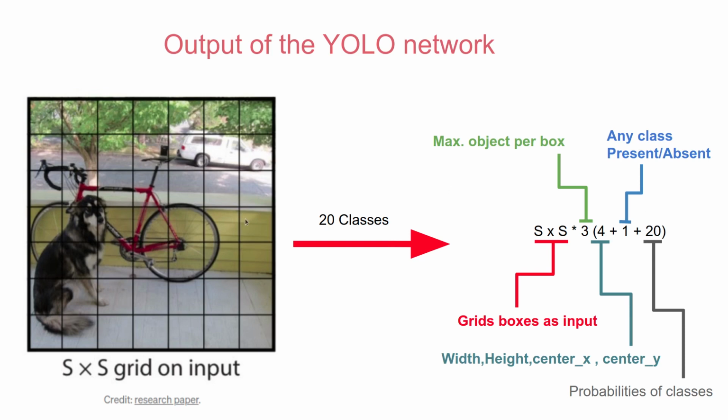For example, in this cell we will have the probability of dog as 1 and the probability of all other things as 0. And there is a bit of confusion: even if this cell has part of the dog, it will still have the probability of dog as 0 because the center of the dog does not lie in this box. Also, maybe the cycle: this cell will have the center of the cycle, so all other classes in this cell will be 0 and cycle will be 1.